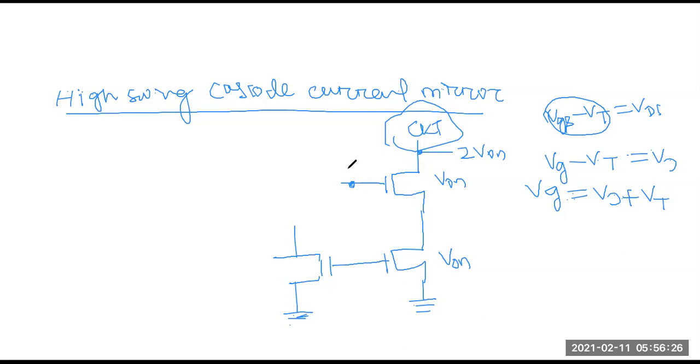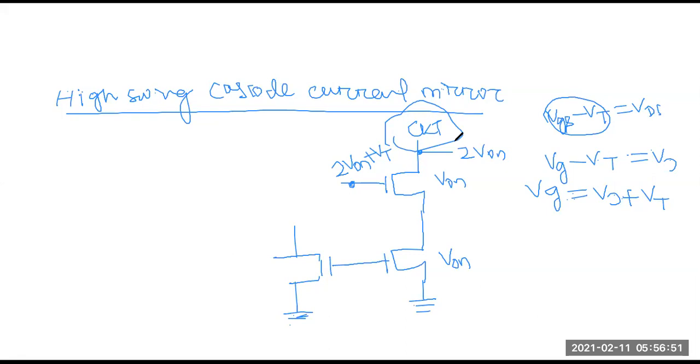So what is the voltage? 2 V on plus Vt. If you generate this voltage somehow, then our output impedance will be more, and the swing, that is the headroom problem, will be solved.